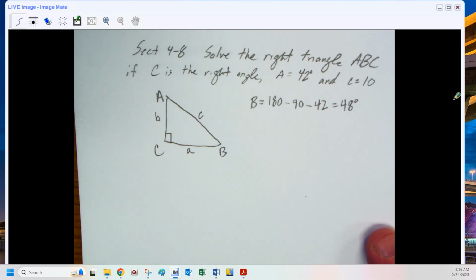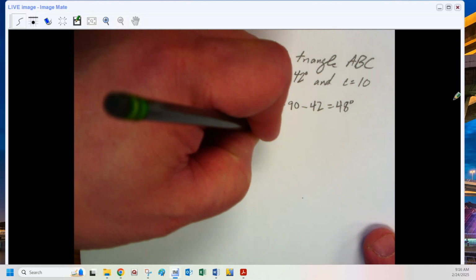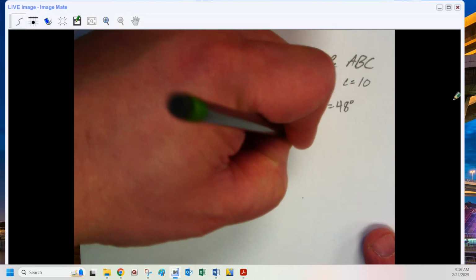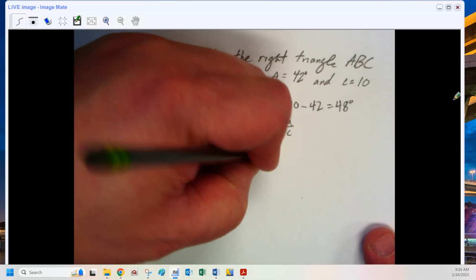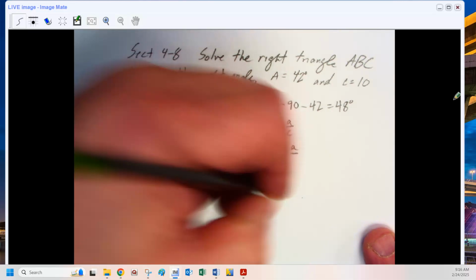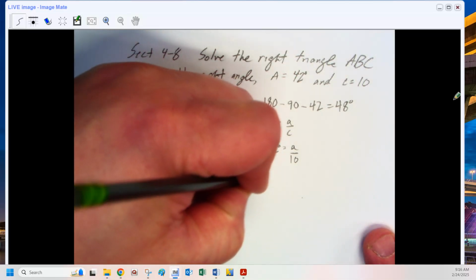For example, you might think to yourself, well, I know side C is 10, and so that's the hypotenuse. And so I could say that the sine of A is A over C, which is to say that the sine of 42 degrees is A over 10. And so A is 10 sine 42.